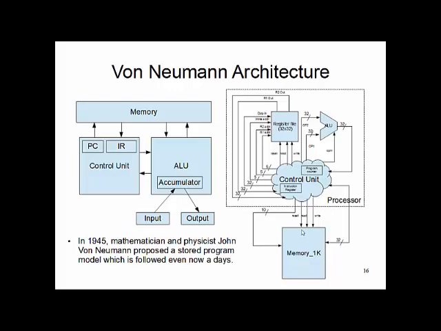So the one issue with this von Neumann architecture is that it's a little bit slower, since we are using the same device to store our data and the program. What we won't be able to do is, while we are accessing the memory for data access, at the same time access the program or instruction.